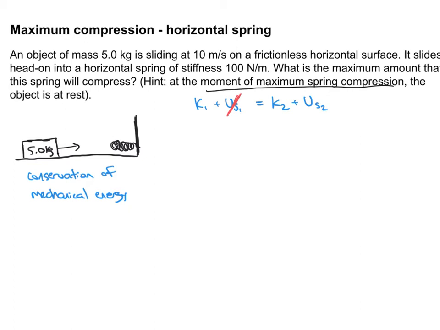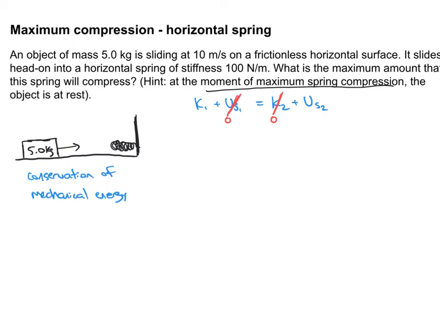And at the moment of maximum spring compression, the block will be brought to a rest for an instant at that moment. But that means we can make K2 0 because it comes to rest for that moment. So actually that simplifies our equation quite a bit. It's just one energy equaling another.